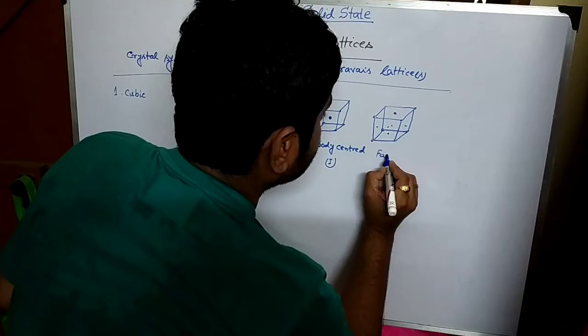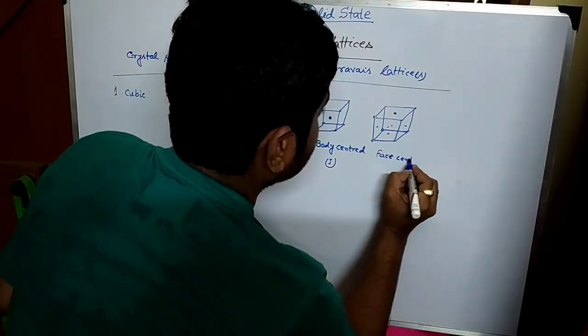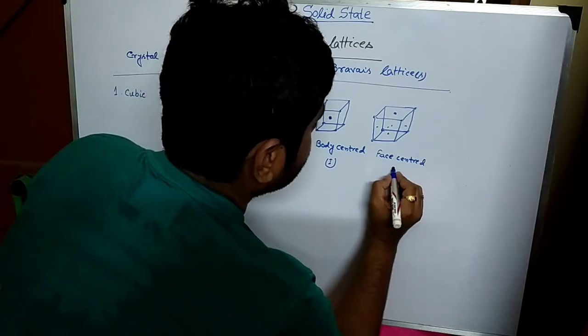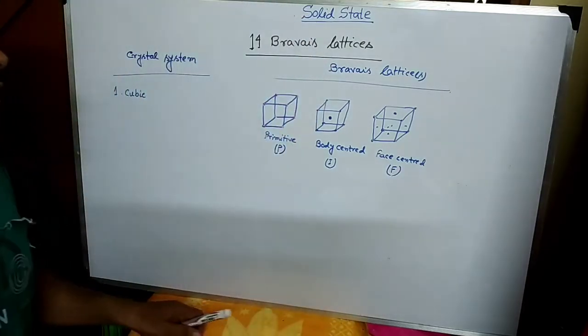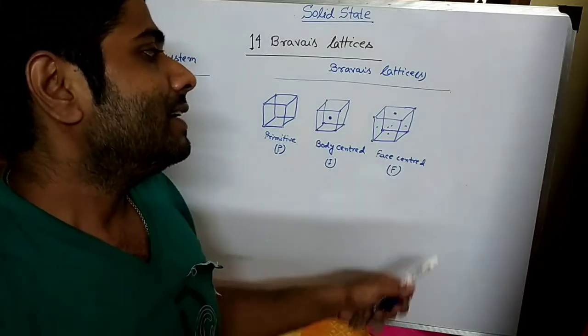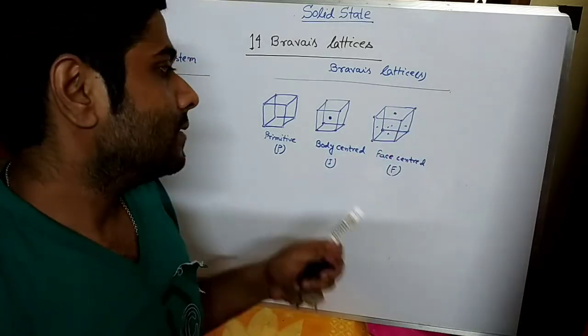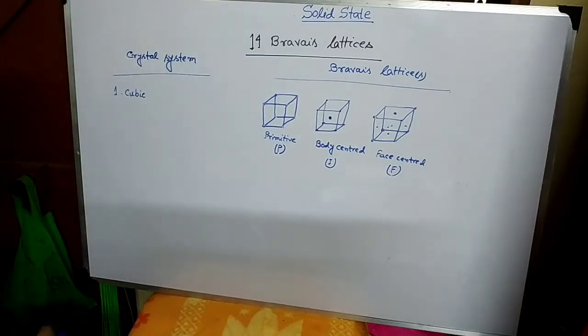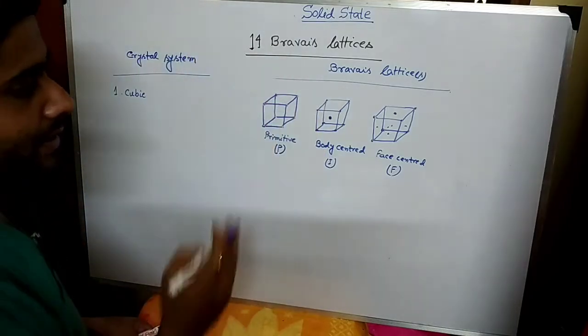Face centered will now onward be designated by F. But in the cubic system we will not get the end centered Bravais lattice system. Why are we not getting this end centered?